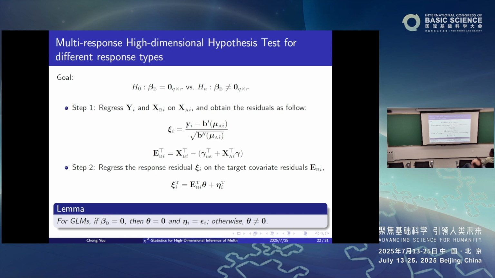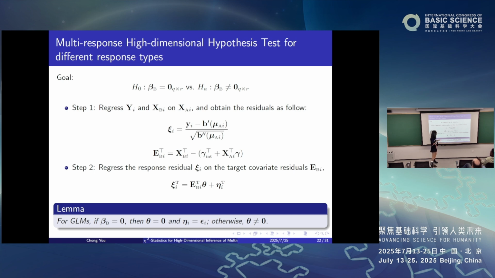Standard deviation. Okay, so here is the lemma. Unlike a linear model, there's a little bit of drama here. So if beta b is 0, then your theta is 0, and your eta i is the epsilon i we defined before.